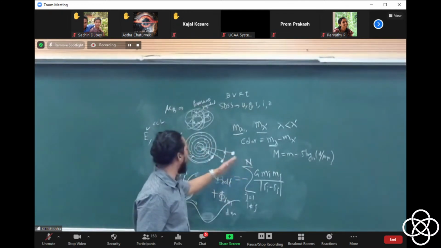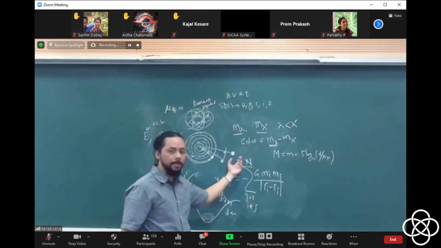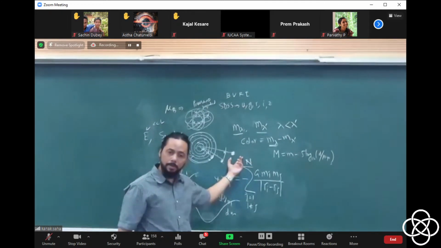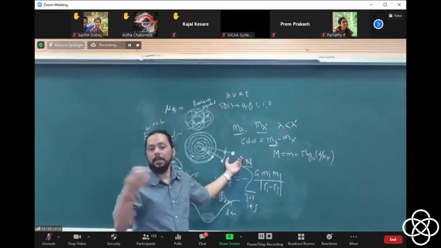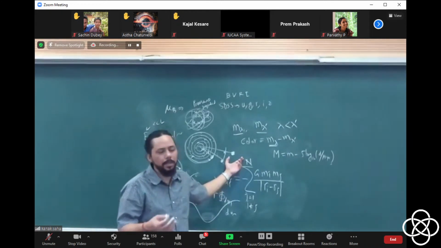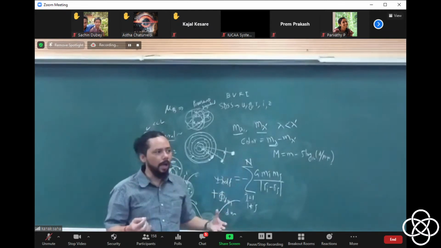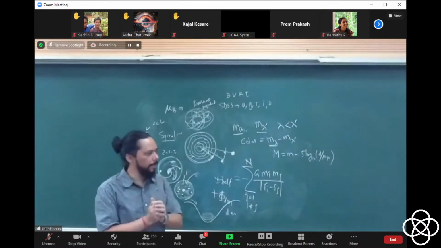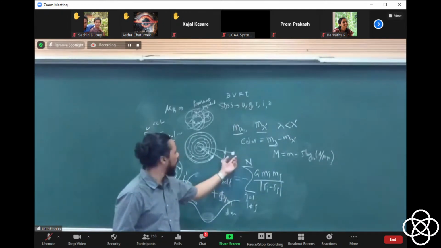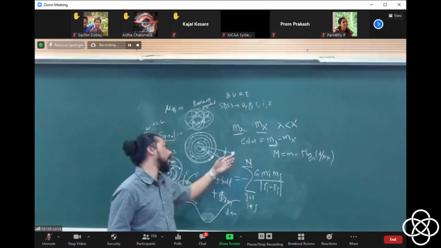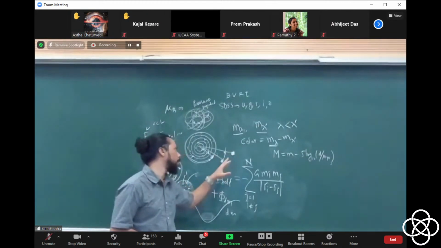As you go farther and farther out, our measurement depends on the sensitivity with which we can measure. If the accuracy is not sufficient, then it's not possible to measure.